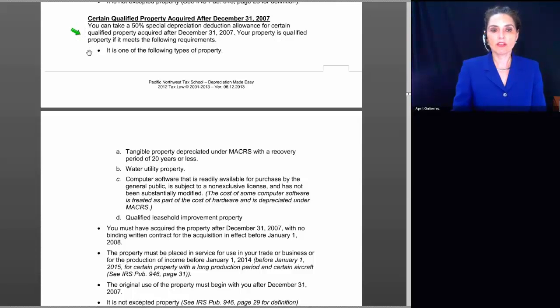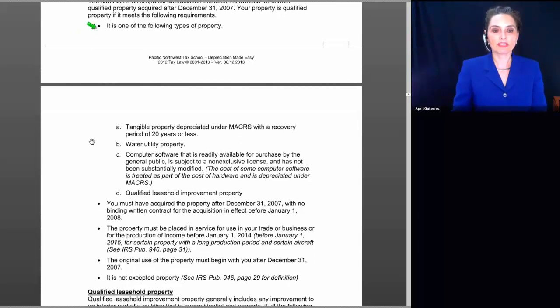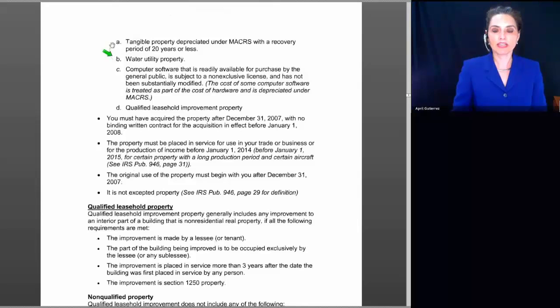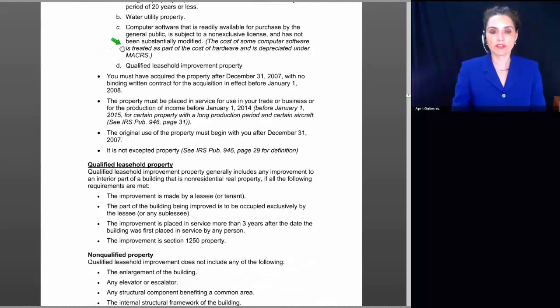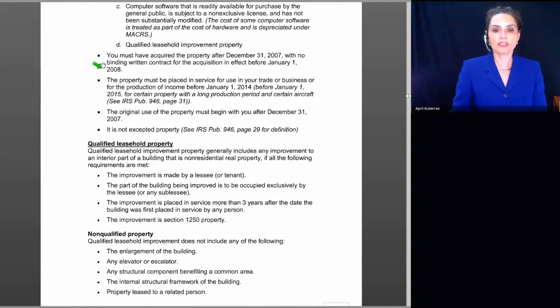Your property is qualified property if it meets the following requirements. It is one of the following types of property. Again, we're back to tangible property depreciated under MACRS with a recovery period of 20 years or less, or water utility property, or computer software that is off-the-shelf software, or qualified leasehold improvement property. You must have acquired the property after December 31, 2007, and you must not have had a binding contract to purchase that property before 2008.